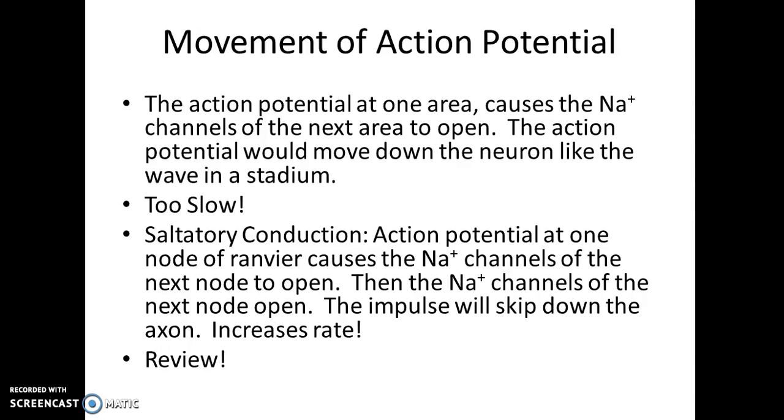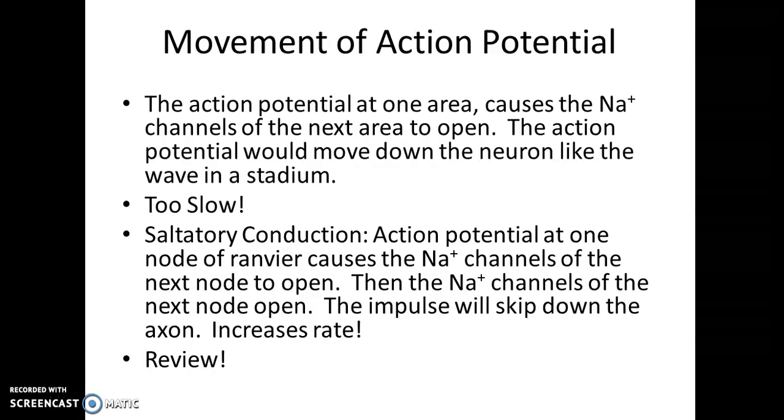The only time you have sodium and potassium channels are at the nodes of Ranvier. So when you have depolarization at one node of Ranvier, it causes the depolarization at the next node of Ranvier, which causes the depolarization at the next node of Ranvier. So the impulse basically skips from node to node to node. This will increase the rate of transmission incredibly.